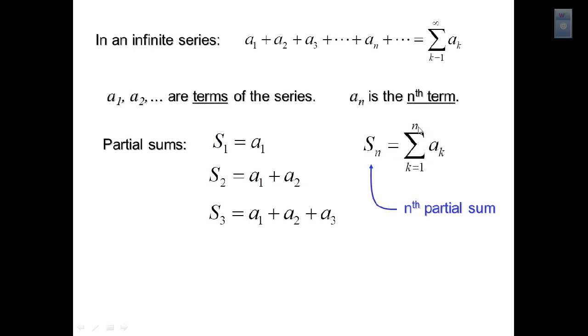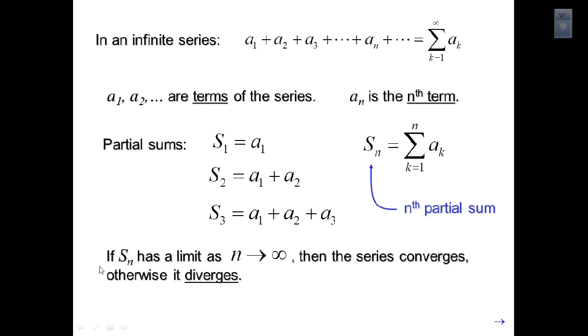That n is the same number, and we're just adding that many terms. All right, now if s sub n has a limit as n goes to infinity, then the series converges. Otherwise, it's going to diverge.